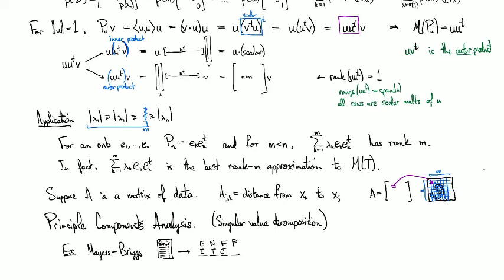But what I do know is that these are the first 4 principal eigenvectors.